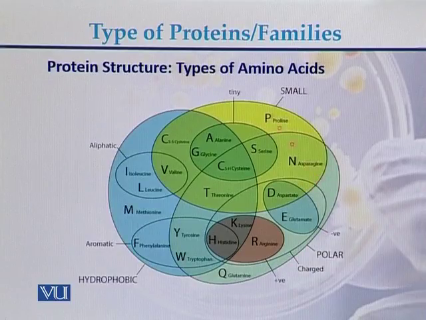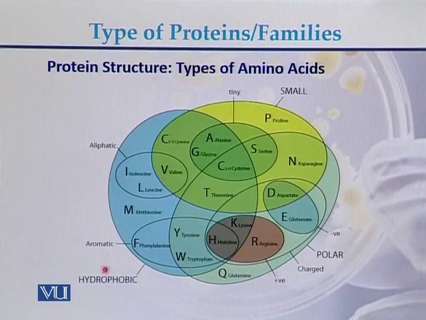Types of amino acids. There are three major types. Some amino acids are small in nature, some are polar. So these are the small amino acids, and these are the polar amino acids. Then there are the hydrophobic amino acids. In the case of polar ones, they can be charged, with positive or negative charge.